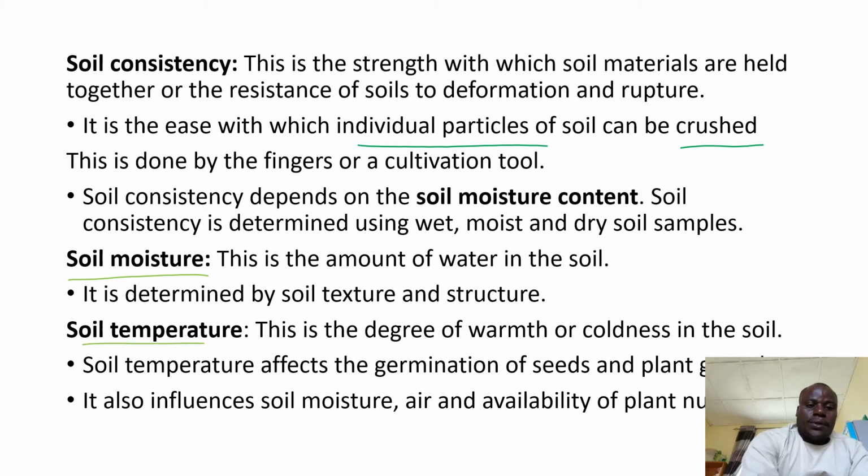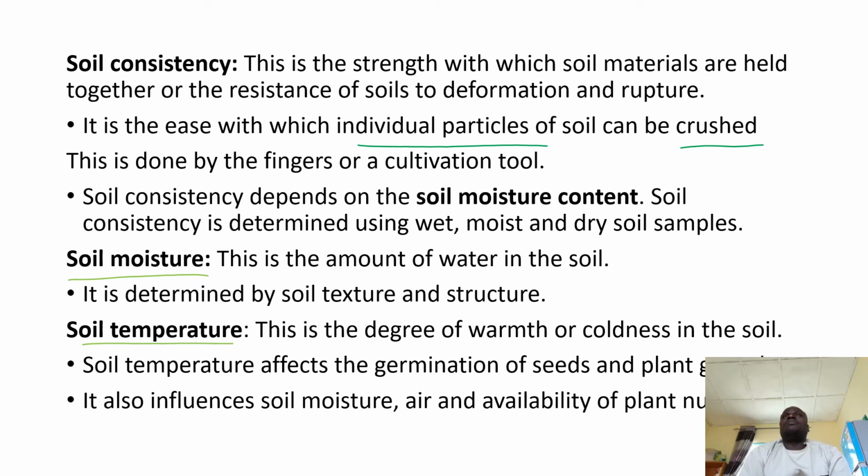Then we have soil temperature. This is the degree of coldness or hotness in the soil. Soil, like a human body, also has temperature. Some soils are hot, others are cold.